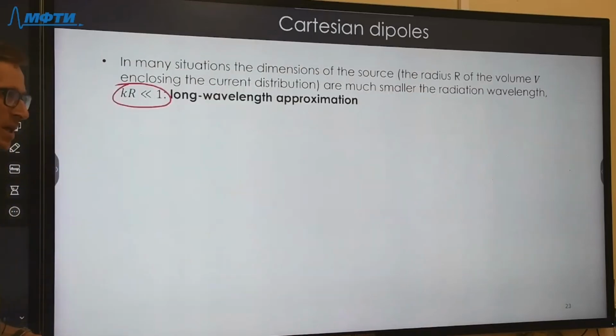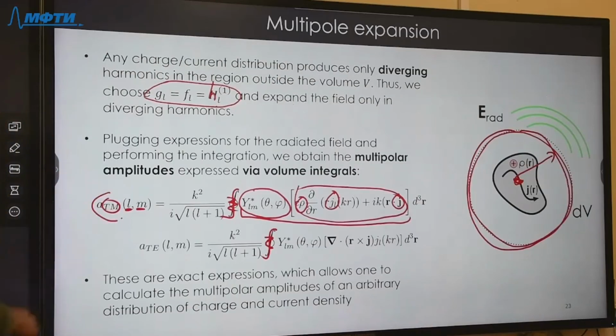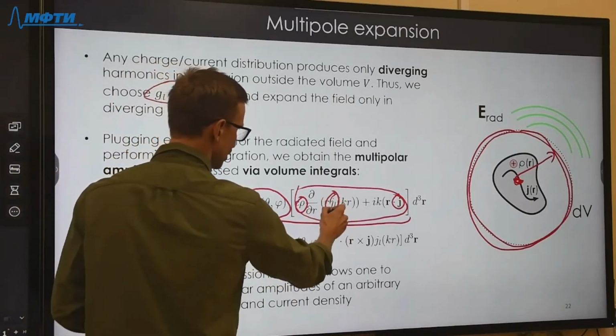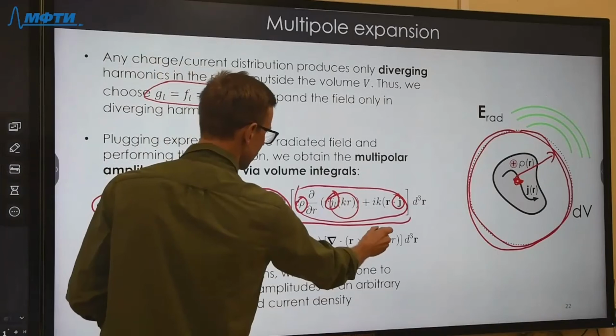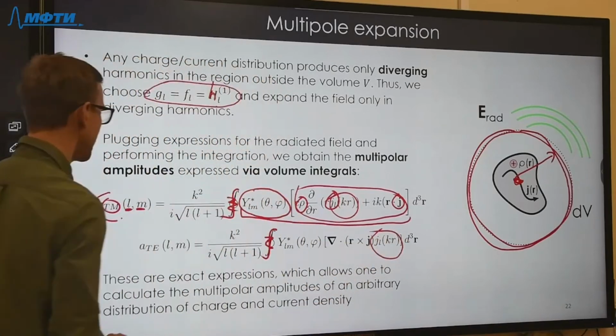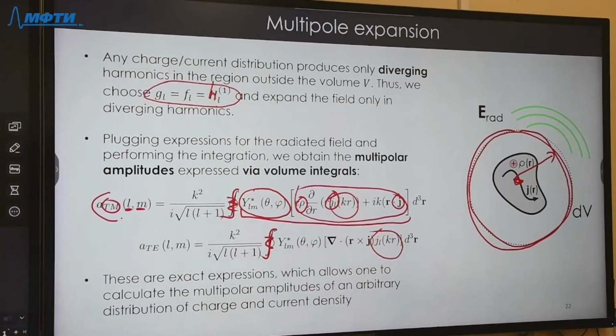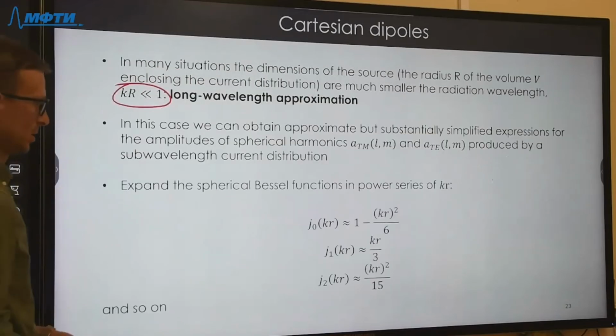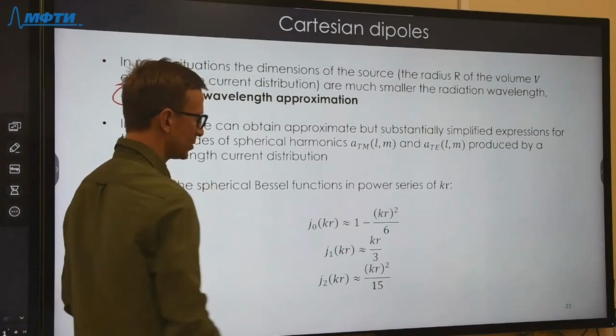In this case, we can expand these Bessel functions J into Taylor series. So J0, J1, J2, and so on.